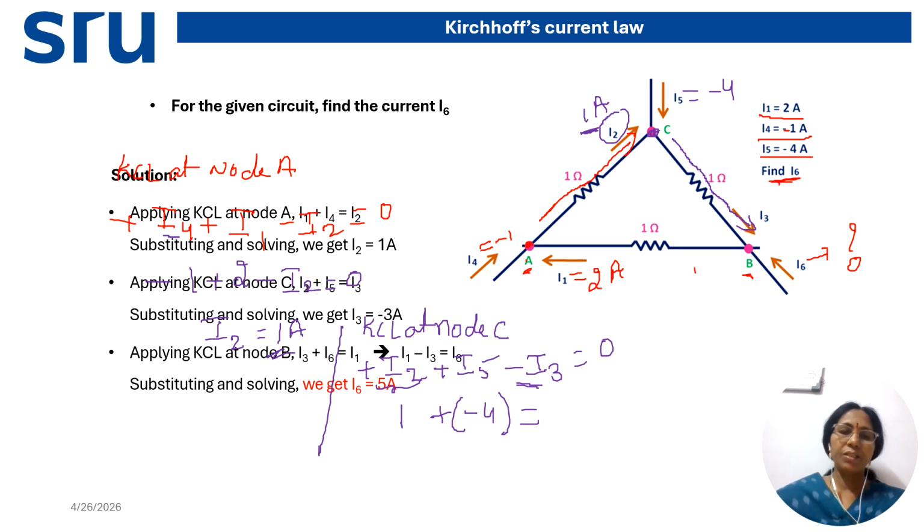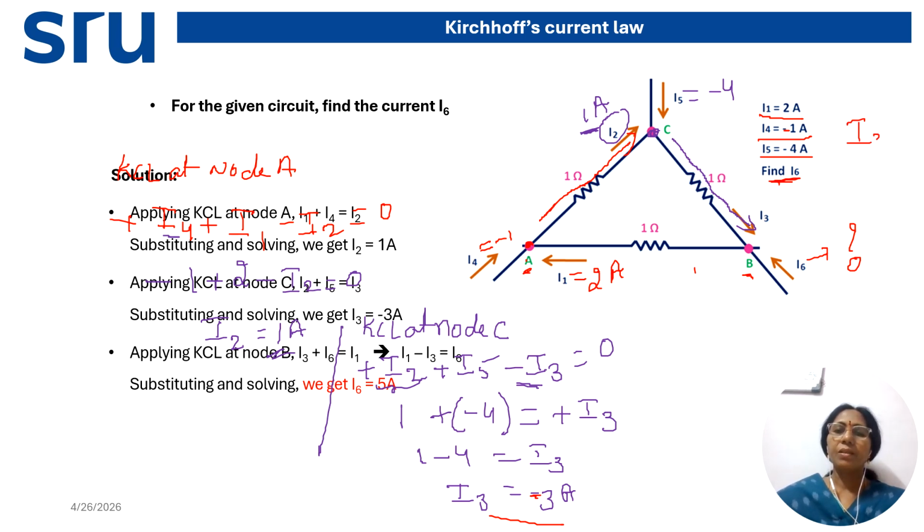Now minus I3 becomes plus I3. Is it right? Okay. Now 1 plus minus 4, it is 1 minus 4 equals to I3. What is your I3? It is minus 3 ampere. Okay. So your I3 is minus 3 ampere. Now here I am writing, I3 we got minus 3 ampere.